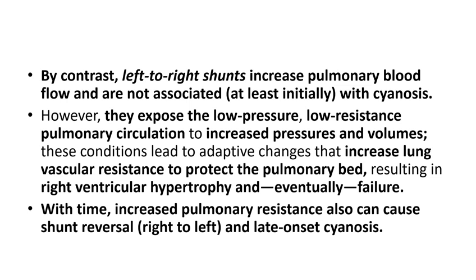And with time, the increased pulmonary resistance and right ventricular hypertrophy cause shunt reversal from left to right shunt to right to left shunt, and late onset cyanosis is also there in left to right shunts.